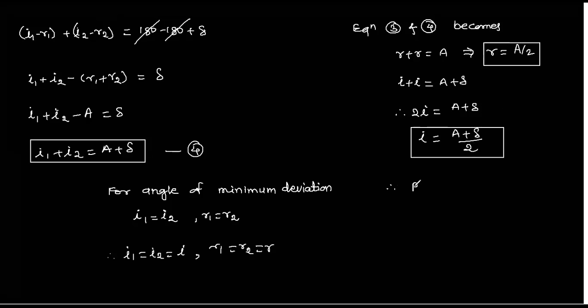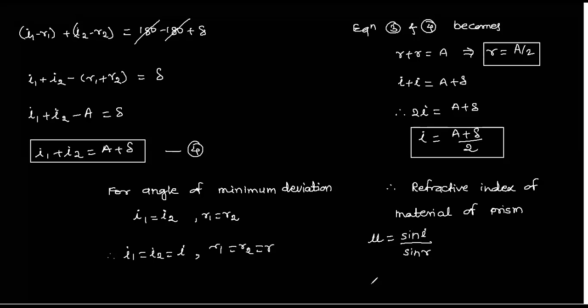So mu is equal to sin I by sin R, and that is equal to sine of A plus delta by 2 divided by sine of A by 2.